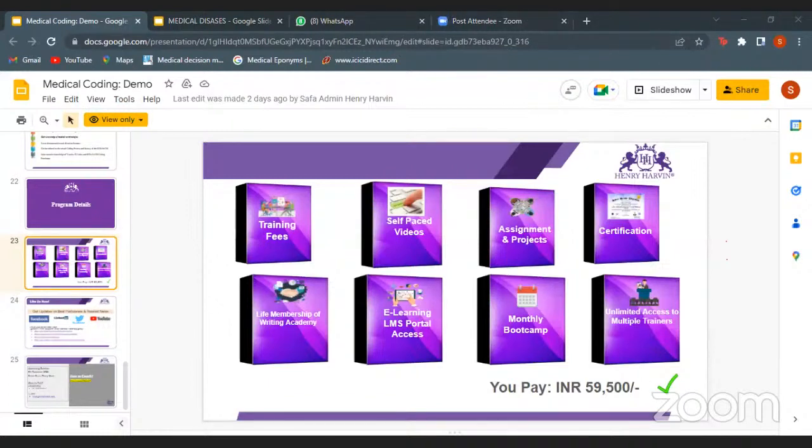Ma'am, is this office in Hyderabad? We don't have offline courses; we have mainly online courses. But if you're from Hyderabad, Hyderabad has a lot of medical coding companies. Hyderabad, Bangalore, Chennai and Kerala are the main hubs for all the healthcare companies.